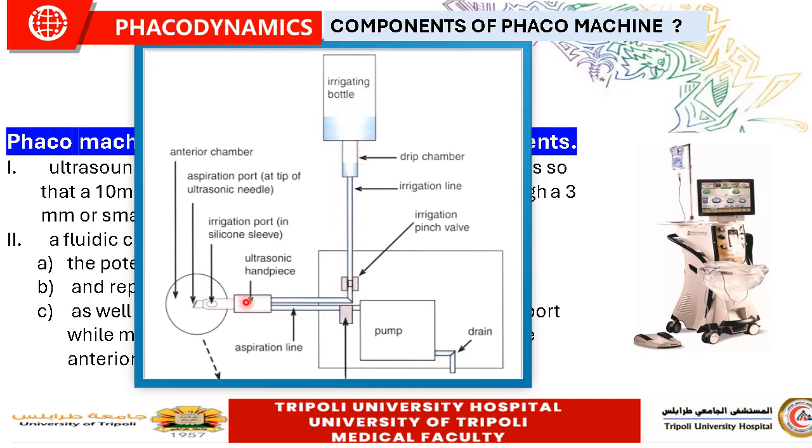This fluid is irrigated inside the anterior chamber through special pores in the sleeve, and the removal of the emulsate is done by the associated pump system present in the Phaco machine, so that the amount of fluid entering the anterior chamber is equal to the amount exiting it, and we can maintain a stable anterior chamber and stable fluidics. This is as simple as that, the basic principles of the Phaco emulsification machine.